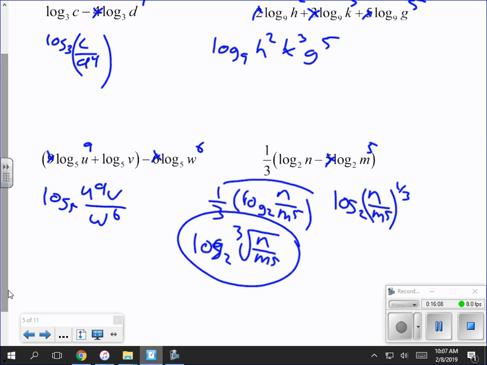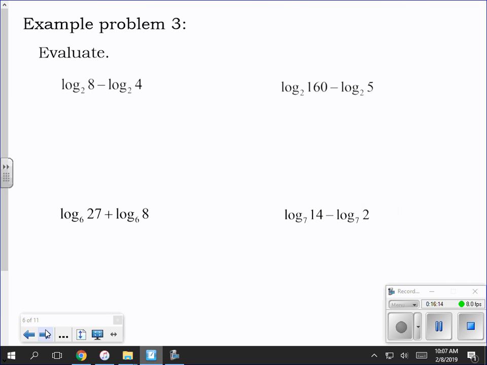Questions? Okay, next one, example problem number 3. The key to solving these problems here on this page and the next one is the fact that the log base x of x is 1.